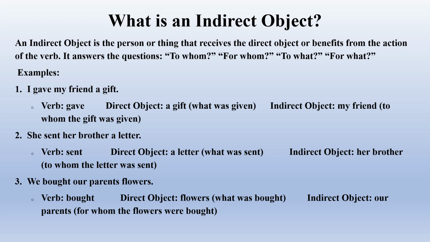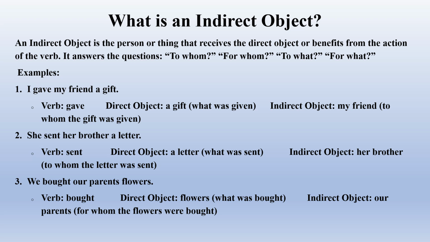To identify an indirect object, first find the verb and then find the direct object. Ask the question, what is being done? The answer is the direct object. Then ask the question, to whom or for whom is the action done? The answer is the indirect object.